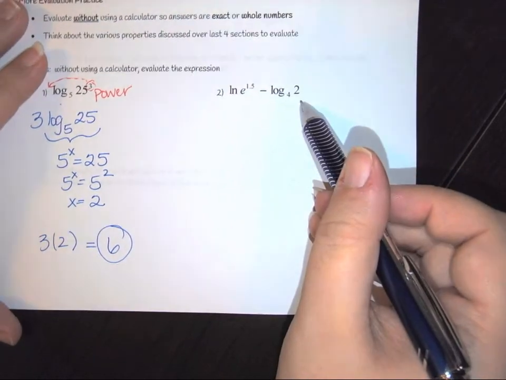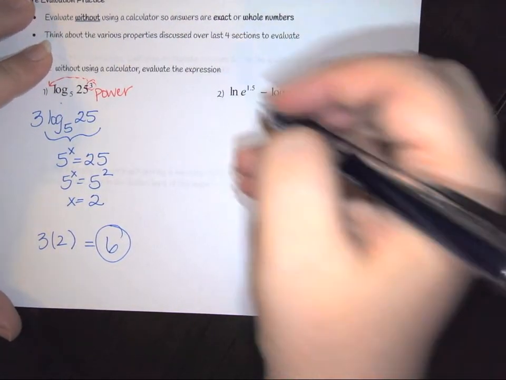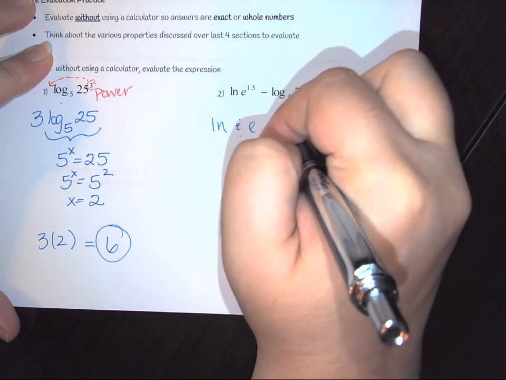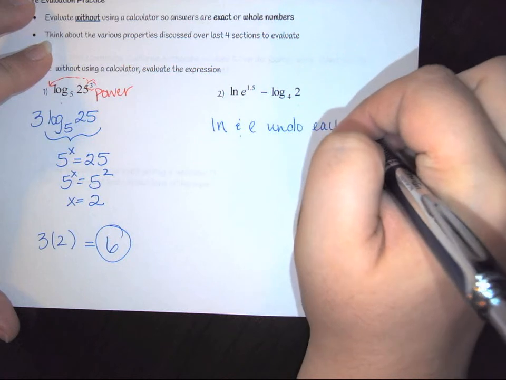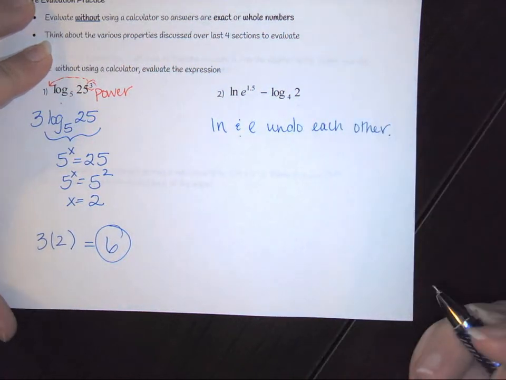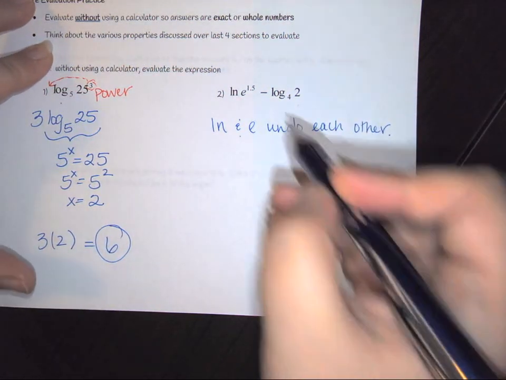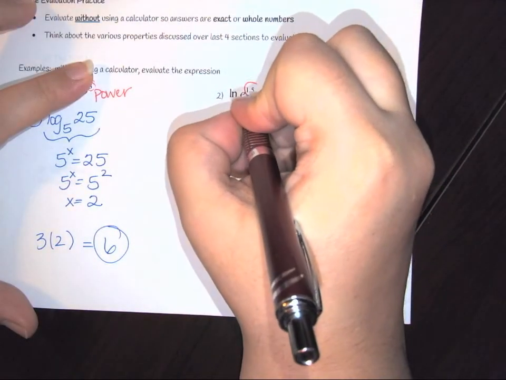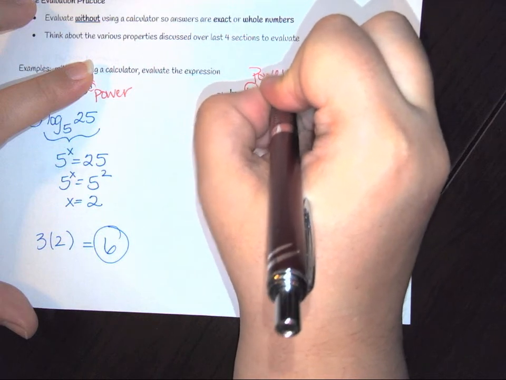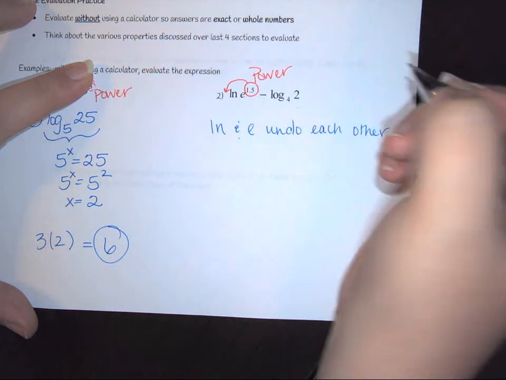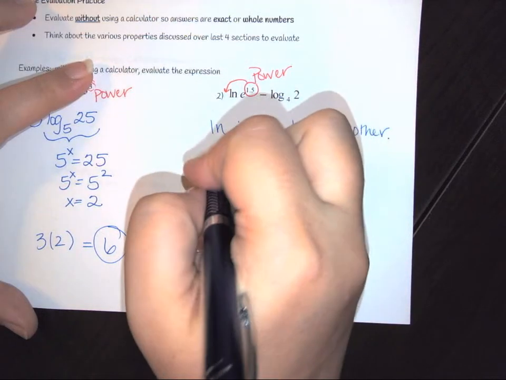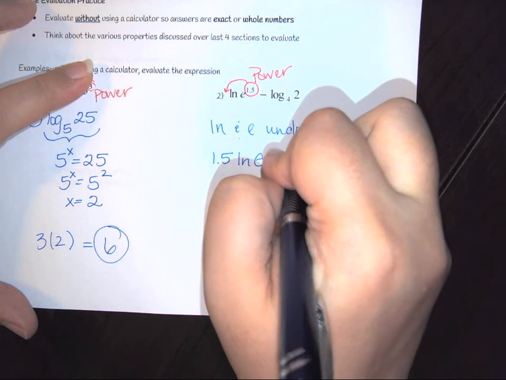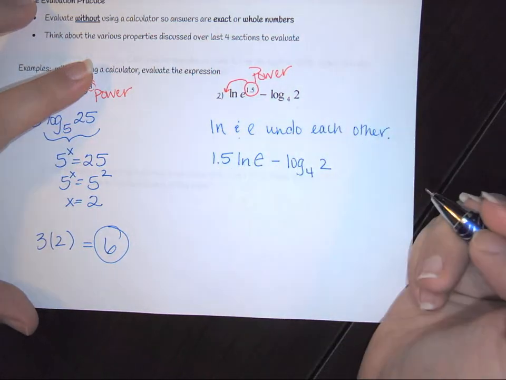Again, we can evaluate over here. So remember, natural log and e undo each other. So here I have the natural log of e to the 1.5. So we can go ahead and apply this as your power rule, which says it comes down in front. And so here this is going to be 1.5 natural log of e minus log base 4 of 2.